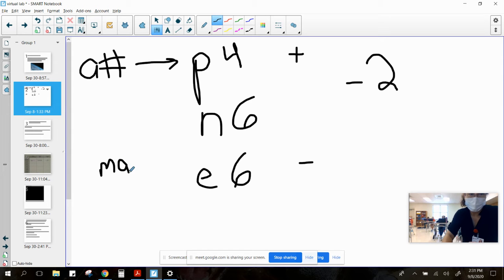Its atomic mass is the number of protons plus neutrons. How many protons? 4. How many neutrons? 6. What is 4 plus 6? 10. So its atomic mass is 10.